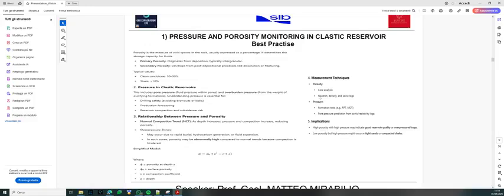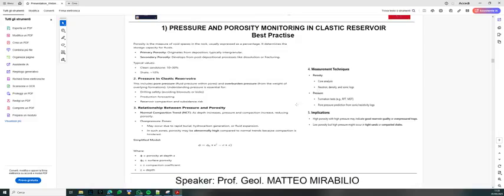So to reconstruct the history of the porosity effectively, it is really interesting to apply log geophysical techniques like neutron density and sonic porosity log. For pressure, we have also formation testing like RFT, MDT, and pore pressure prediction from sonic and resistivity logs, which are the most important log techniques that can be used for the prediction.